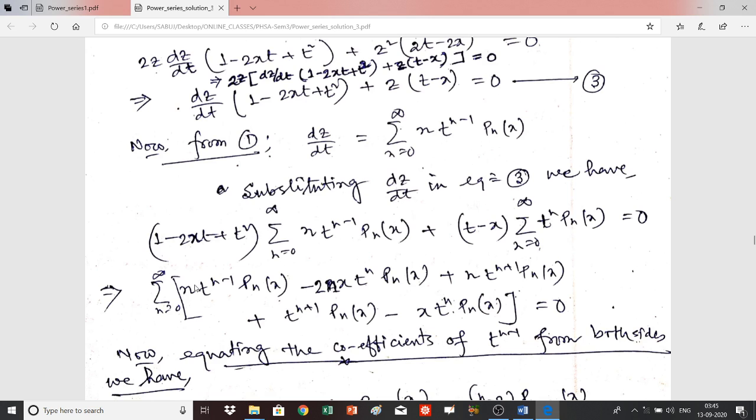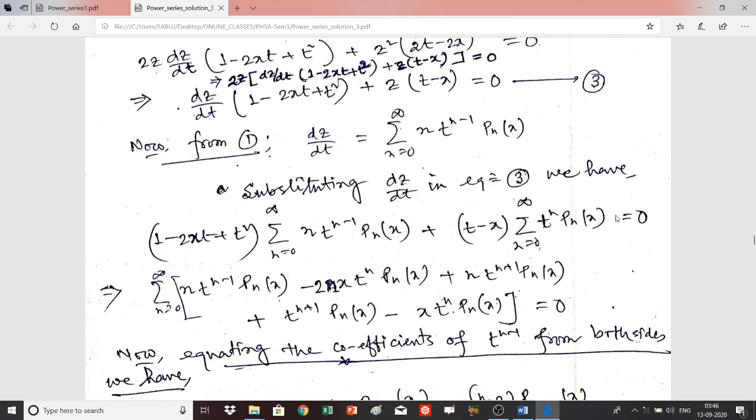The first term is the sum over n equal to 0 to infinity of n t to the power n minus 1 Pn(x), then minus 2 n x t, so 2n x, then t to the power n minus 1 from here and t from here, so t to the power n will be there, and then Pn(x). Plus, multiplying this term, n t to the power n minus 1 plus 2, that means t to the power n plus 1, and then Pn.